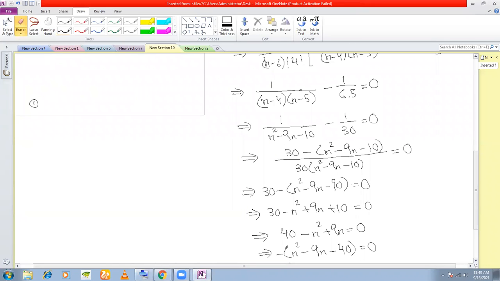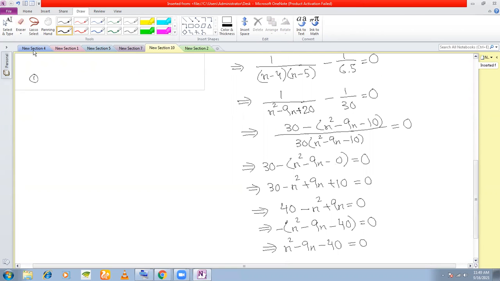When you are multiplying, this should be plus 20, not minus 10. Okay, so you get LCM will now become plus 20. So you have 30 minus n square minus 9n plus 20.